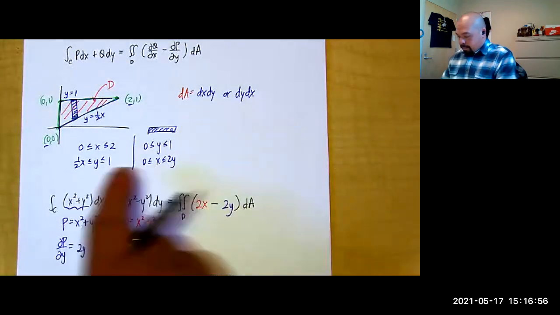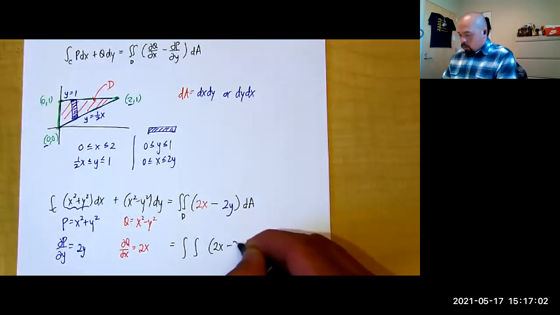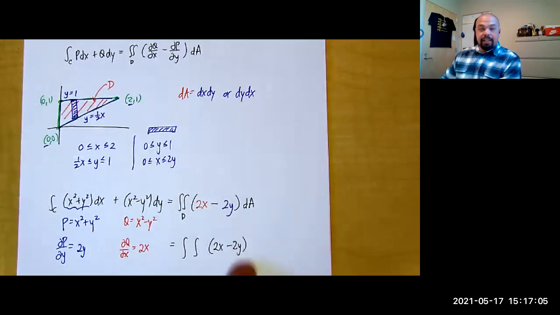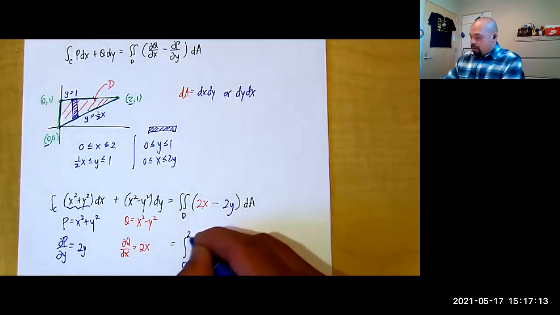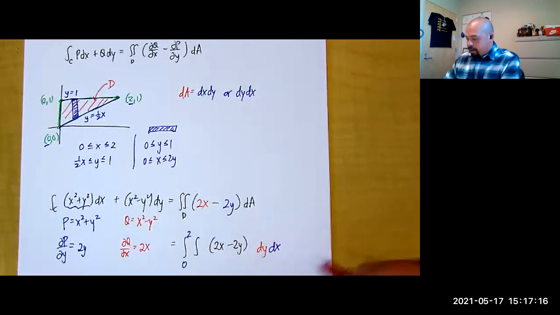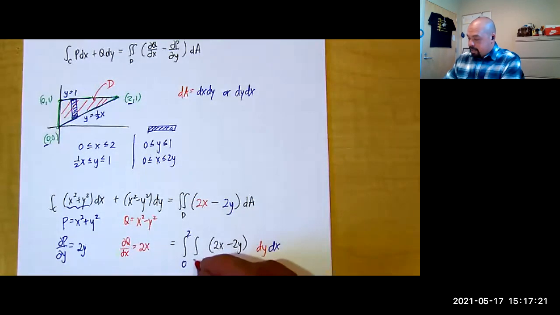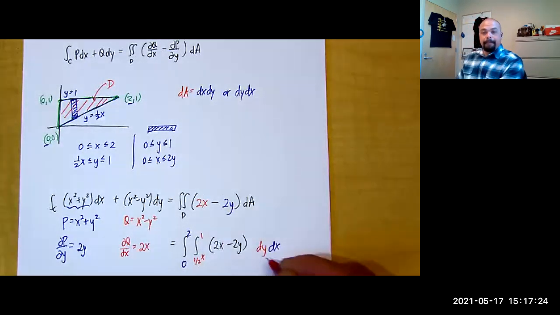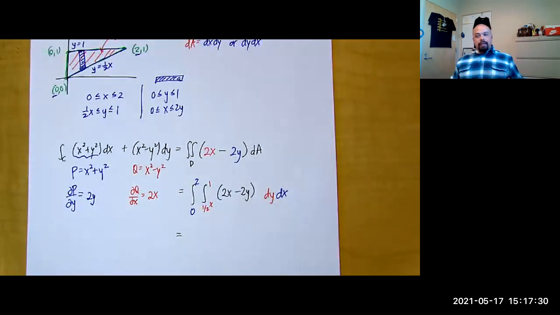And the way we had talked about up here, depending which organization we might find easier, I think out of habit I'm used to doing the x on the outside, 0 to 2, y interior, but again, it doesn't necessarily matter. If we're going from x to 0, 2, y is going to go from 1/2 x to 1, okay? And so evaluating, again, a big part of it is just that setup, hopefully from here, with the practice we had done before, evaluating our double integrals.